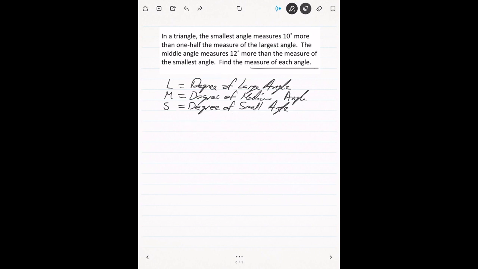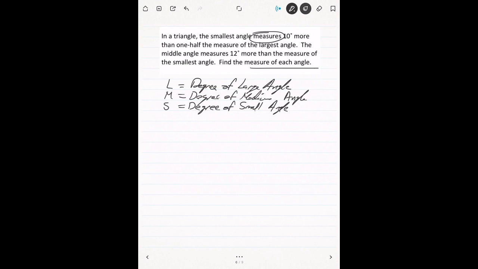So let's see what 3 relationships we have here. Well, in the very first sentence, the smallest angle measures 10 degrees more than 1/2 the measure of the largest angle. That's a lot of wording, isn't it? Well, that's fine. Diagram the sentence. Where is our verb here? The smallest angle measures.